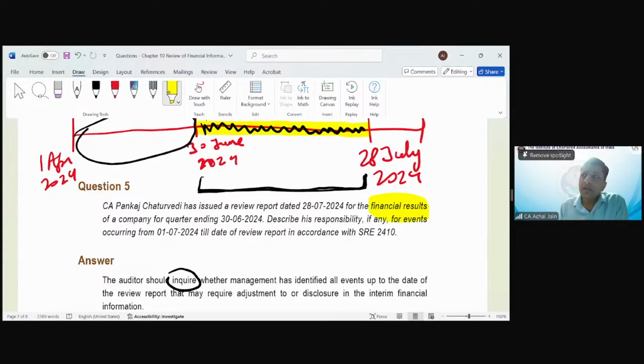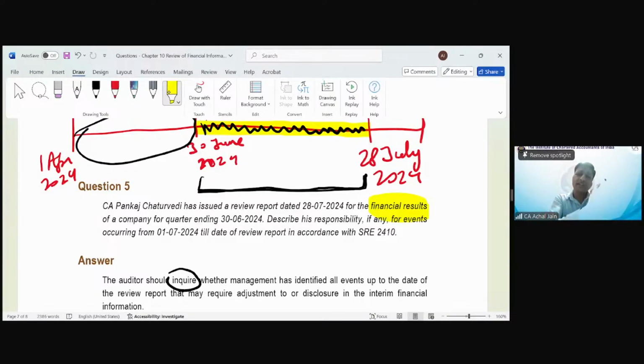But please remember that when it comes to a review for which you refer to SRE, you definitely need to draw inferences from various auditing standards. Why is that important? Because SRE talks about review and dilutes your procedures, since it is limited assurance. The only thing is that you are not diluting your procedures entirely. So something similar to what you will do in case of audit, you will also do in case of review.